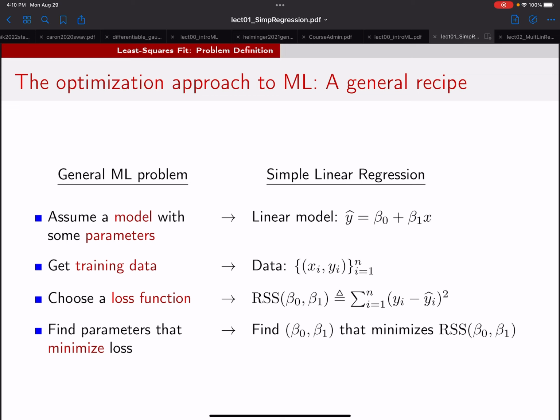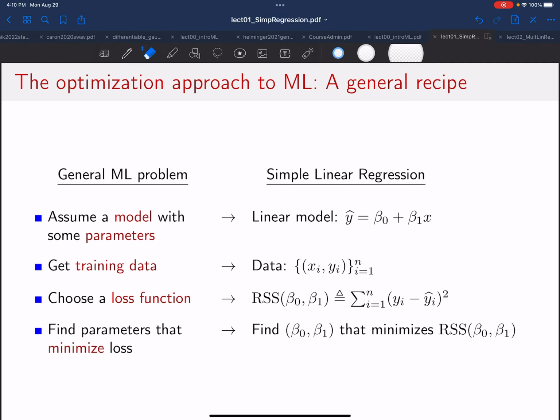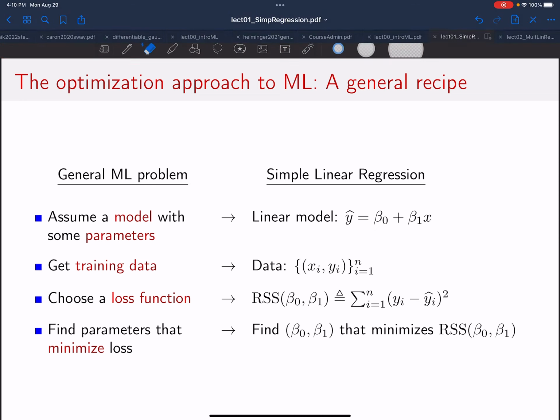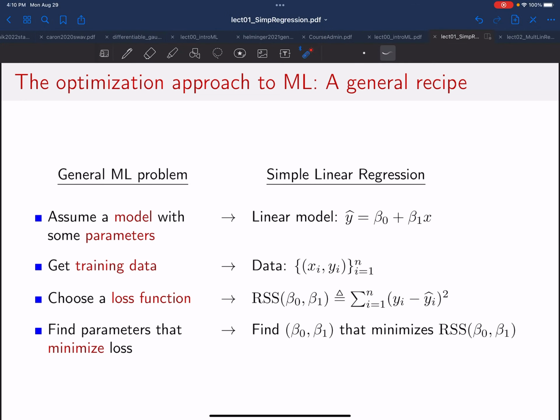So one of the main things we learned is this general recipe for how we approach machine learning, which is here applied to simple linear regression. First we have our model, which in this unit is this simple model that relates our feature to our target, and it gives us this prediction here.